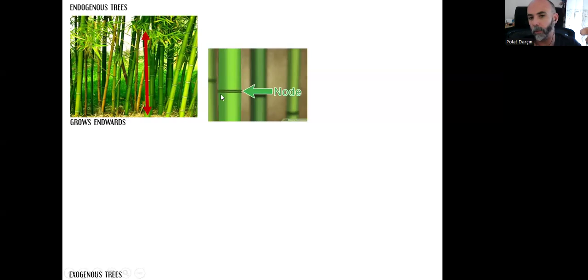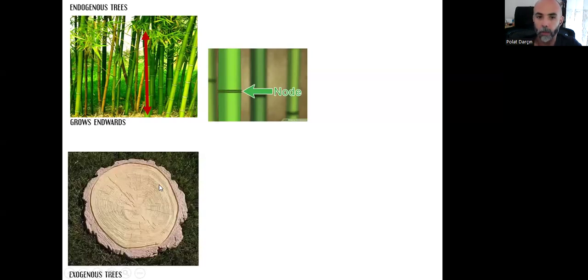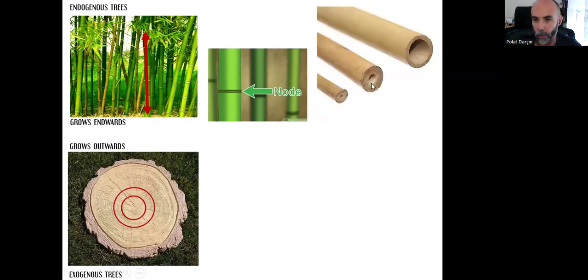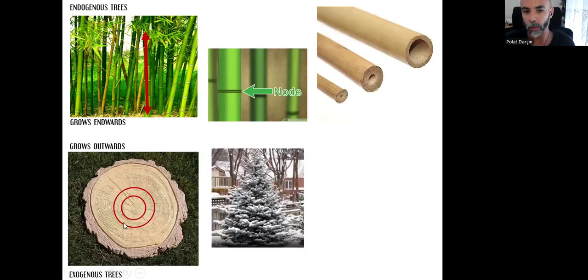You can easily understand it by looking at these nodes. The other group is the exogenous trees, and they grow outwards with growth rings each year. And as you can see, as the bamboo tree grows, it becomes thinner, and there will be a bigger void in the center. However, it's not like that with these exogenous trees. The trunk part becomes thicker.